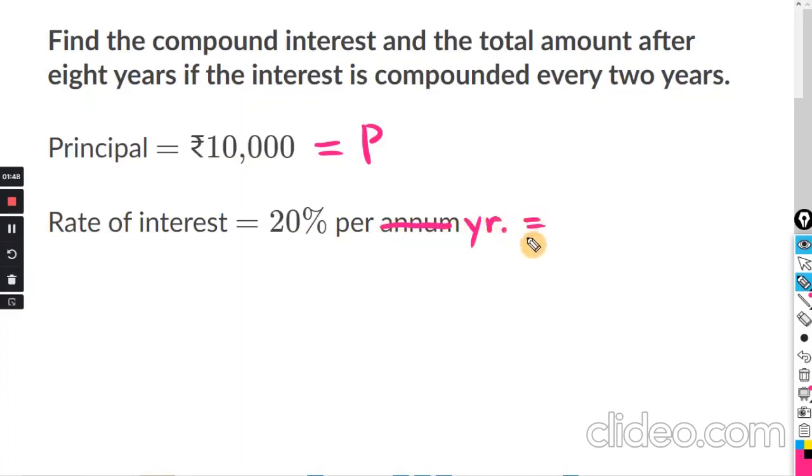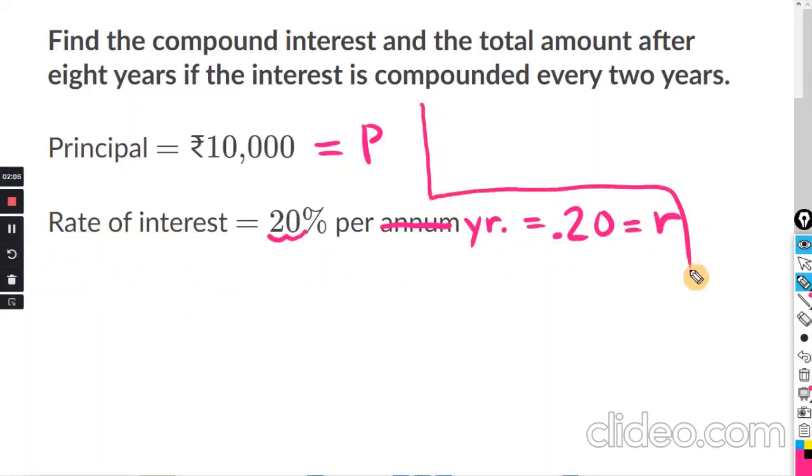20% in terms of a decimal, if you move the decimal over 2 places, is 0.2, or 0.20, and that is your interest rate R. The problem says total amount after 8 years, so the time T is 8 years.